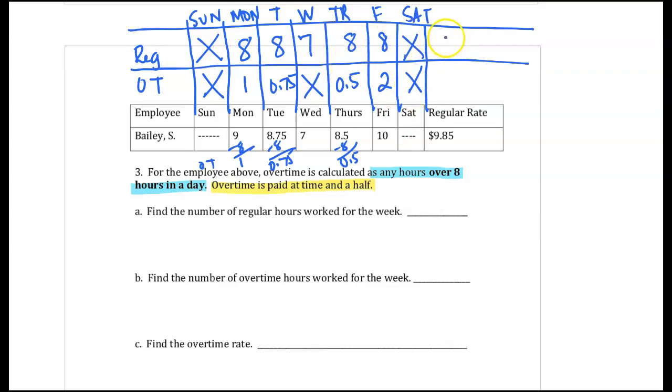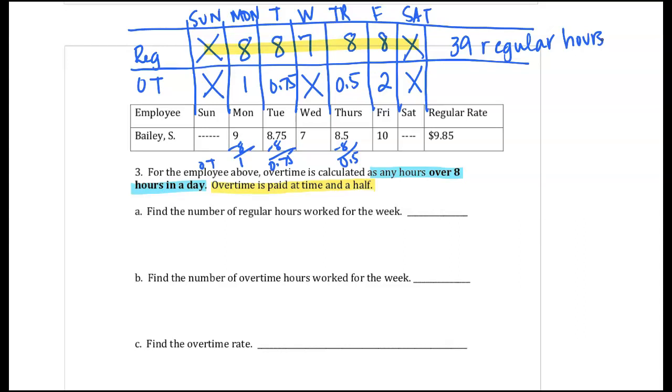So let's get our total regular hours. I'm going to add up my regular hours along the chart. 8 plus 8 plus 7 plus 8 plus 8 is 39 regular hours. Notice that it doesn't have to be 40 hours or more. It's just how many hours in a day you are above 8.